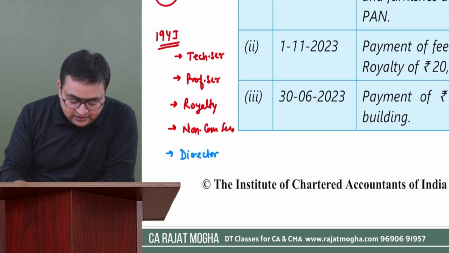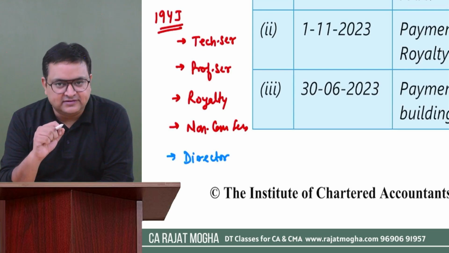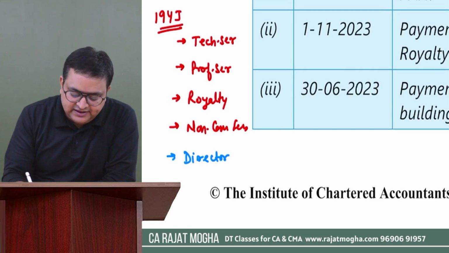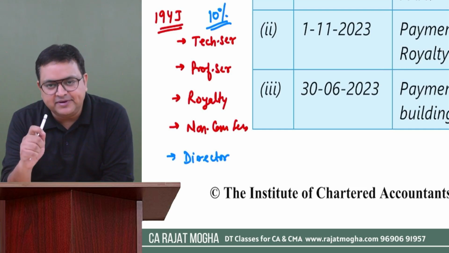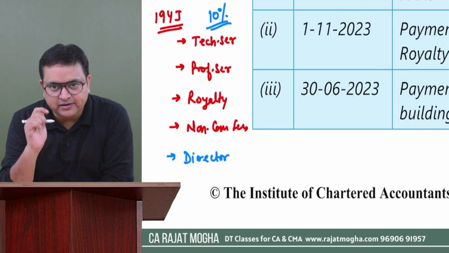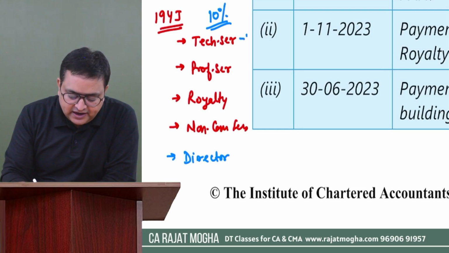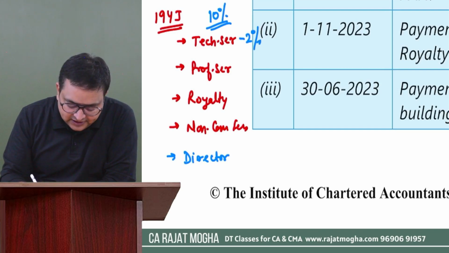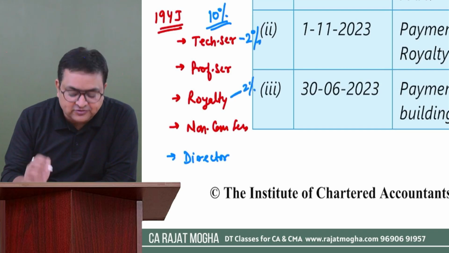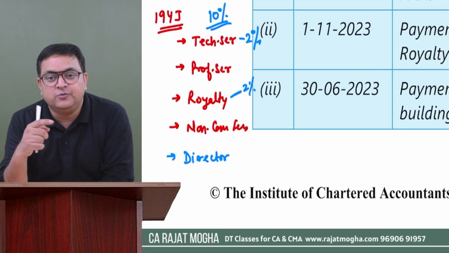Now the important thing is, what is the rate under section 194J? Generally the rate is 10%. But in some cases it becomes 2%. If you are making a payment for technical services, the rate is 2%. And on certain royalty, the rate is 2%. Which type of royalty?